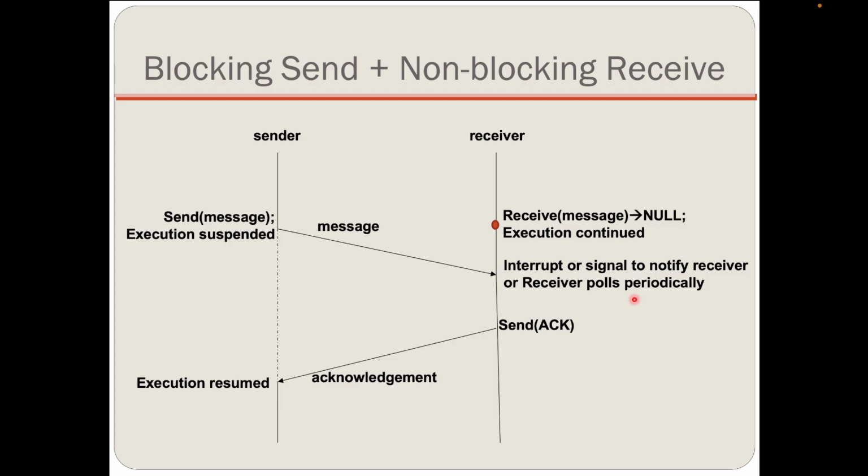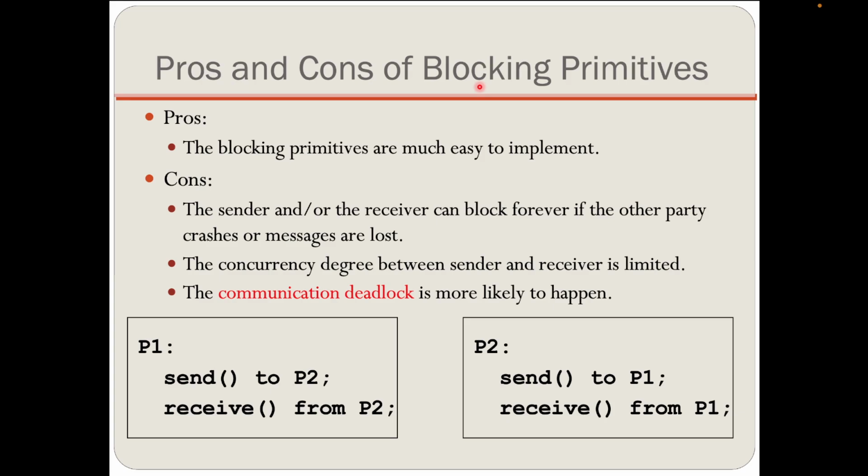The advantages and disadvantages of blocking primitives are something like this. Blocking primitives are much easier to implement and understand, because the API is simple and the semantic is clear. So using this primitive, data flow control will be much easier for the application programmer.